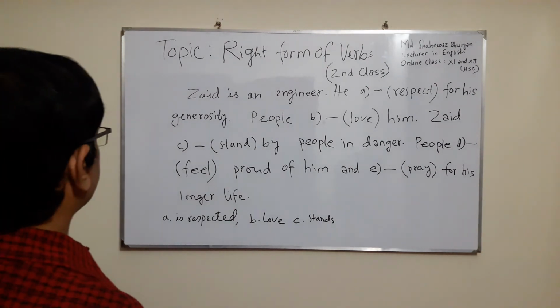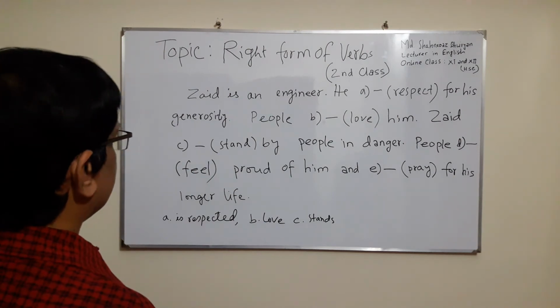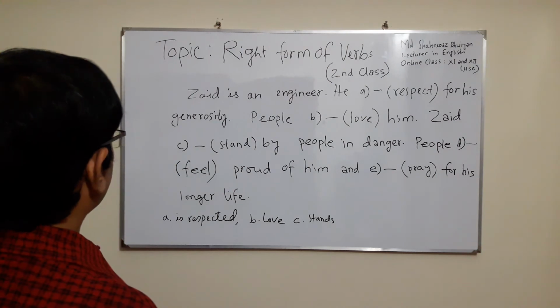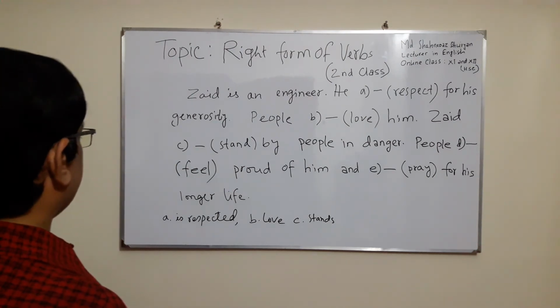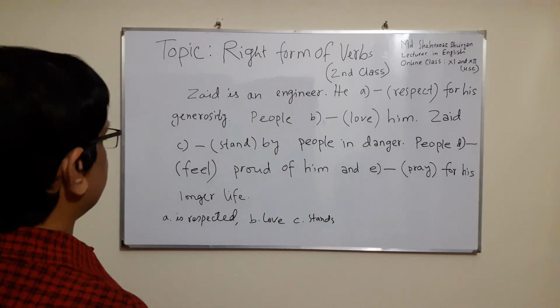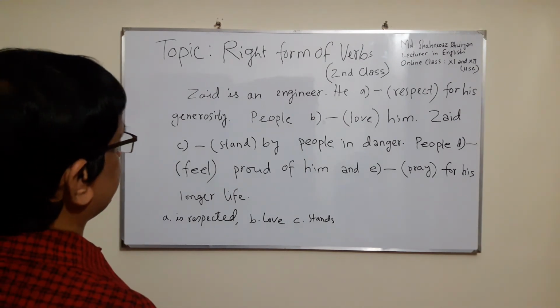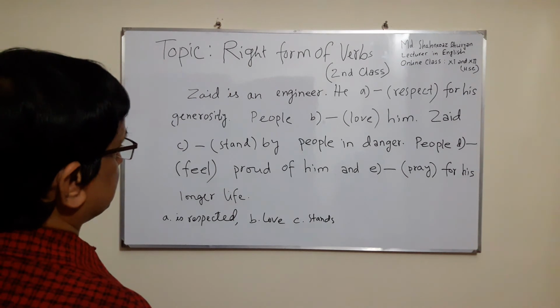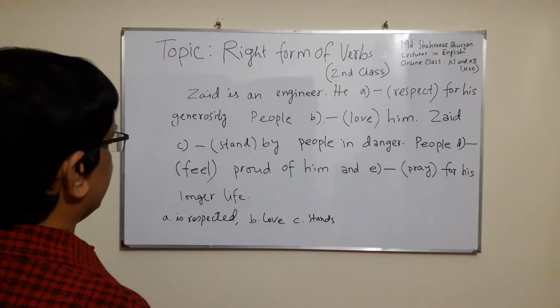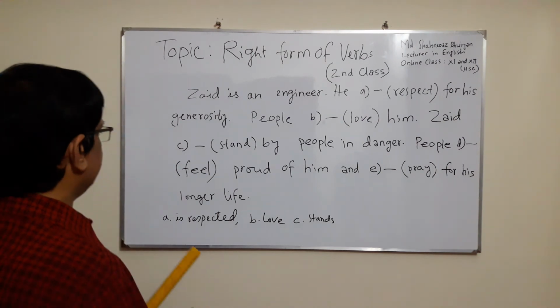If a sentence is in the present active voice, just after the subject the verb is in the present form and will be according to the subject. We see the subject is third person plural number. So feel will not be changed and the answer will be feel. Now I write the answer feel.